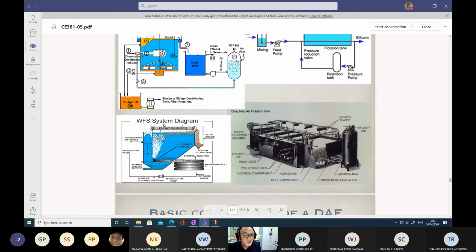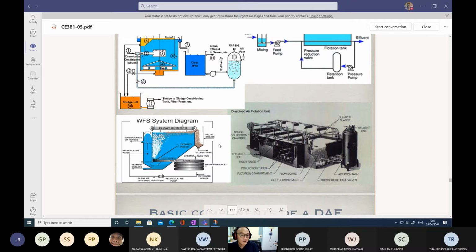We use the skimmer to remove all this scum, and these floating materials will be collected in this chamber, and later on sent to the dewatering process or to the anaerobic digestion unit.